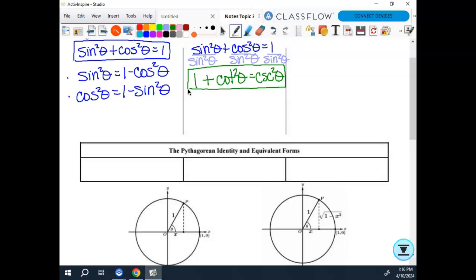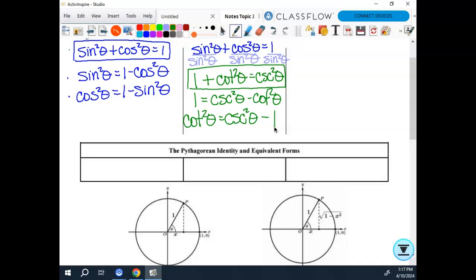If you don't remember it off the top of your head, that's okay, because you can take this one and divide everything by sine squared, and you've created it and have everything in the right spot. Does that make sense to you? Just a very simple simplification there. And just like over here, I could say 1 is equal to cosecant squared theta minus cotangent squared theta, or that cotangent squared theta is equal to cosecant squared theta minus 1.